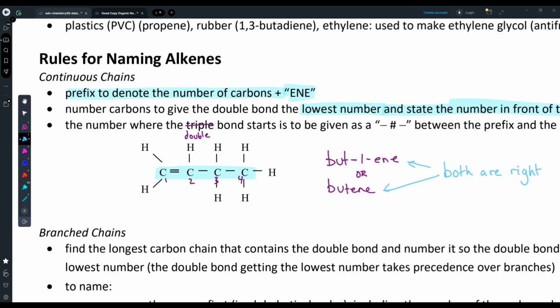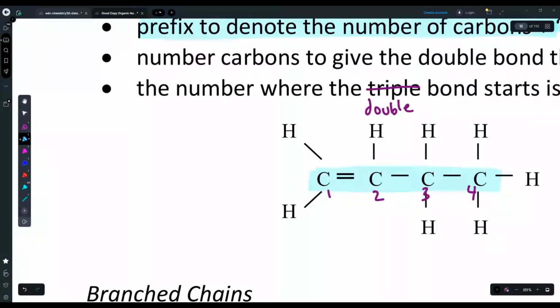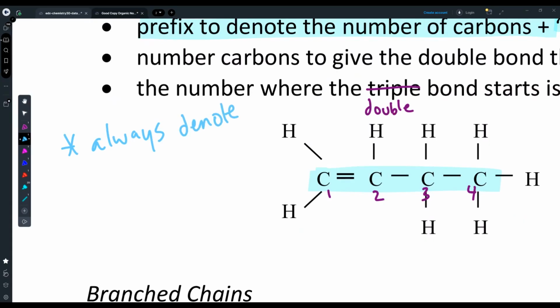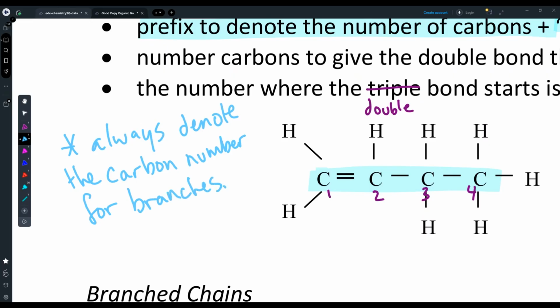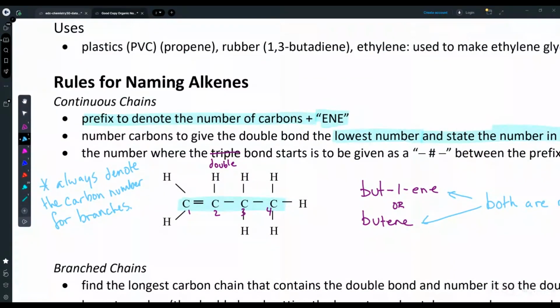Nope, your parent chain is part of what you're thinking of as a branch in that scenario. So always denote the carbon number for branches, but with double and triple bonds, if it's on the first carbon, you don't necessarily have to write it.